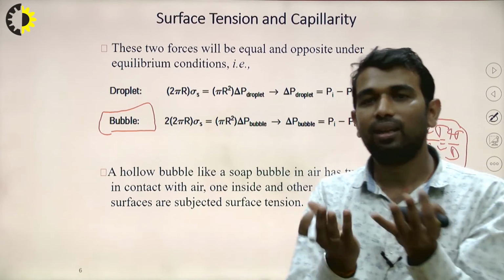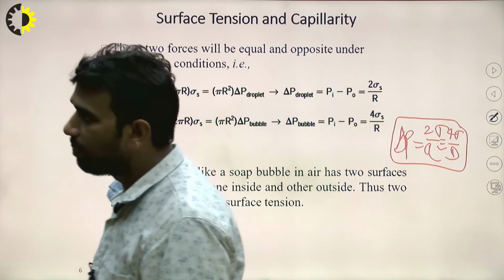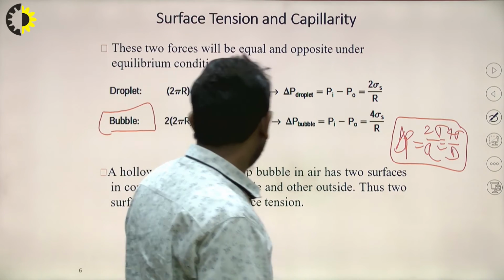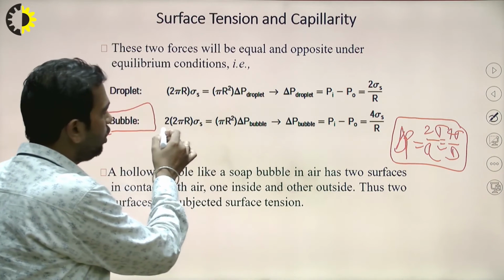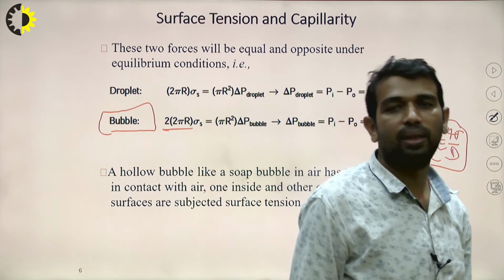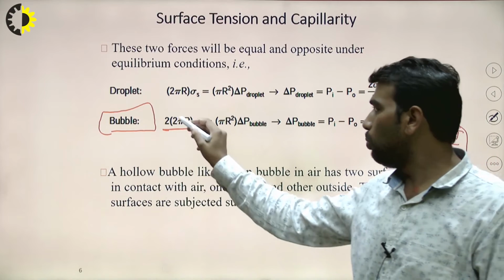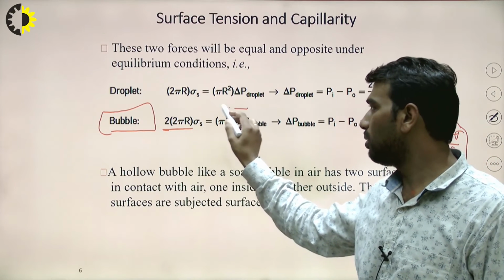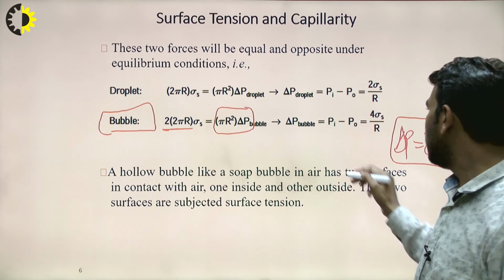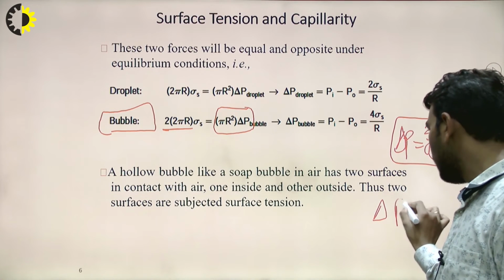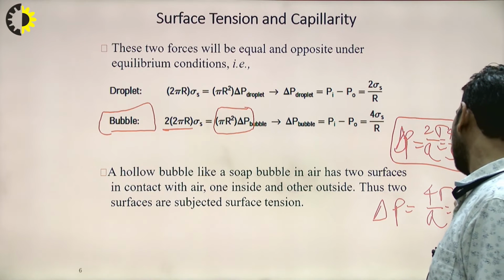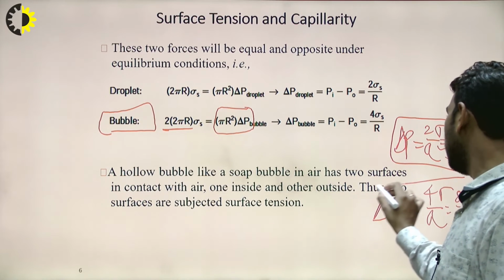So two surfaces of circumferential length are exposed to air, and because of that we use 2 pi r two times. So 2 pi r into 2 into sigma s, and the remaining part is exactly the same. You simplify it and find the change in pressure. For the bubble to survive, it must be 4 sigma by r, or you can also write that as 8 sigma by d. Any one of the equations you can use.